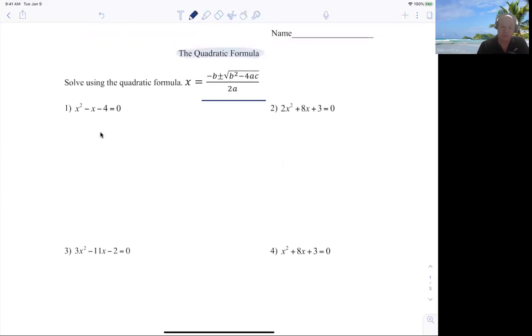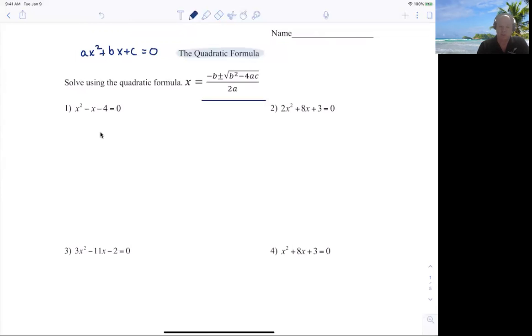Now the first thing I want you to do is write down y equals ax squared plus bx plus c. That's what we say is the equation for a quadratic. Now, we don't want the graph, we just want how to solve it, and when you solve it, that just means you're going to set it equal to 0.